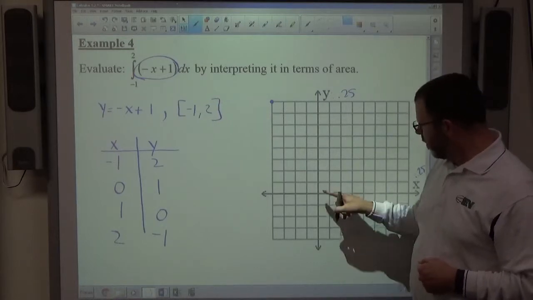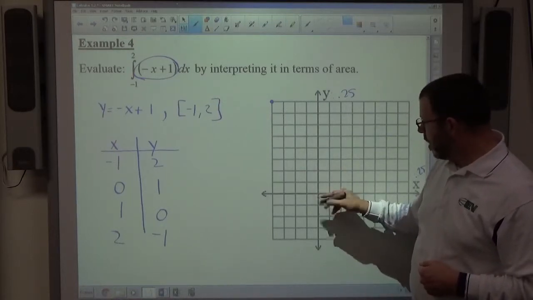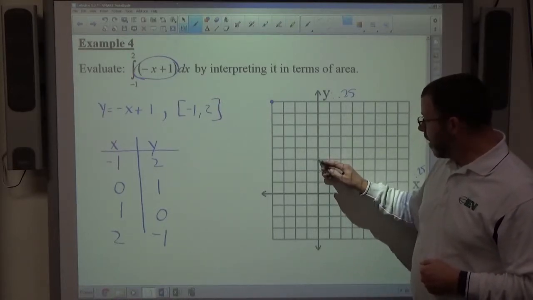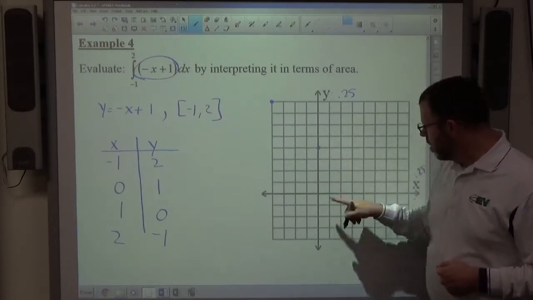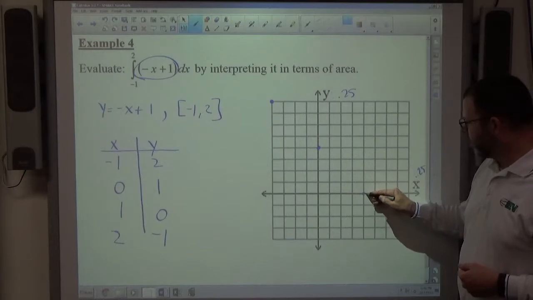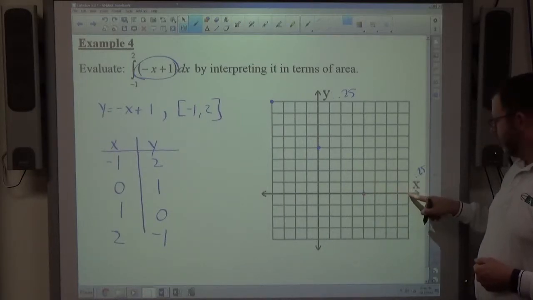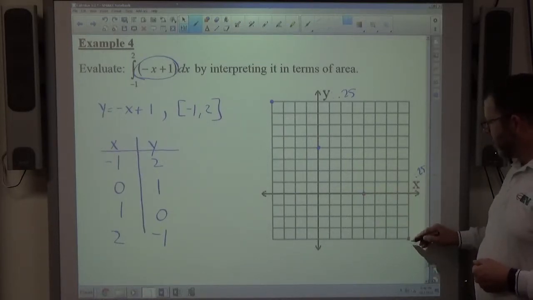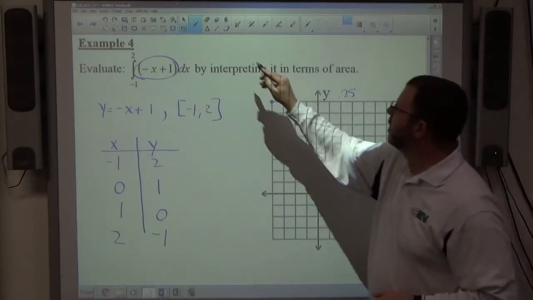Oh, yeah. And then 0 comma 1, 0 obviously, and then 0.25, 0.5, 0.75, 1. 1, 2, 3, 4 over is 1, and then 1, 0, and then 8 over would be 2, and negative 1 would be down here. So those 4 points there would lie on this line.